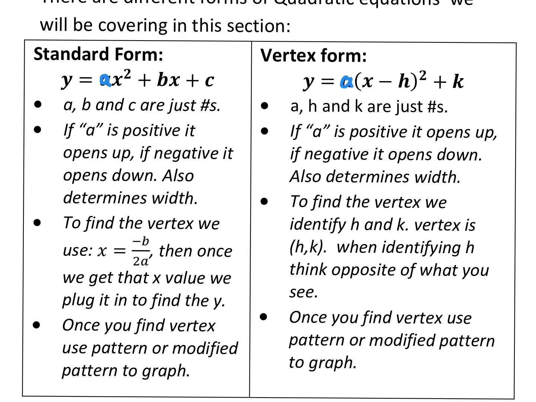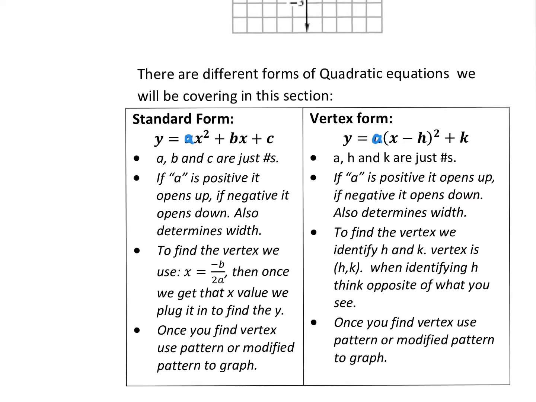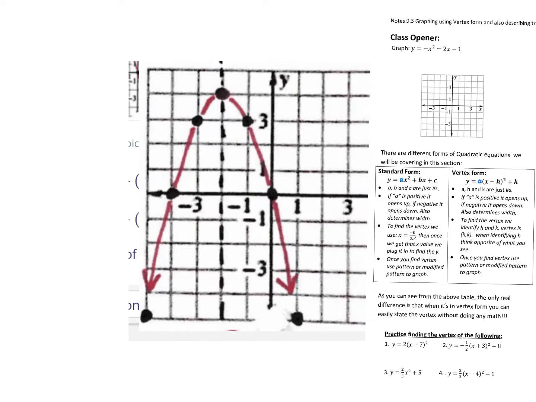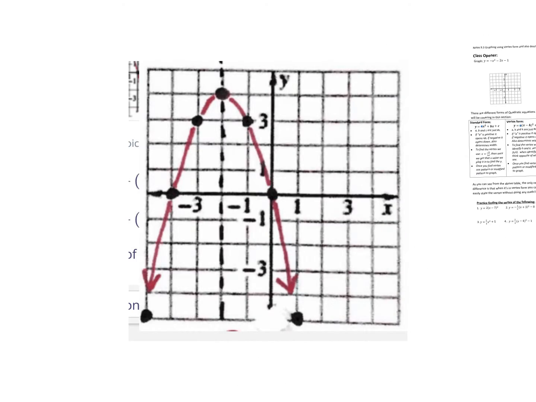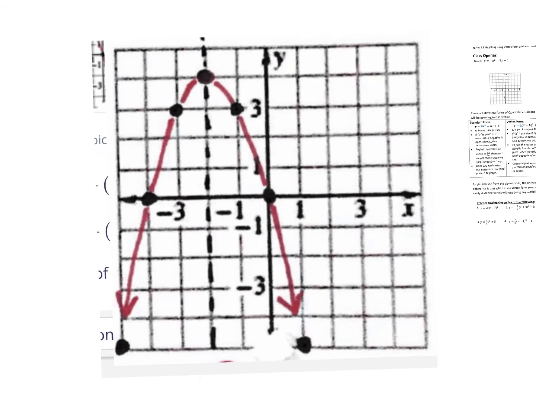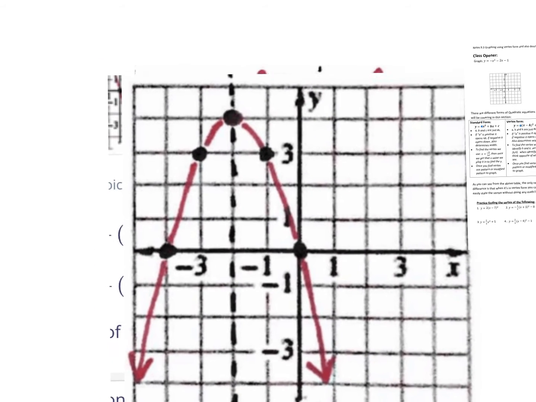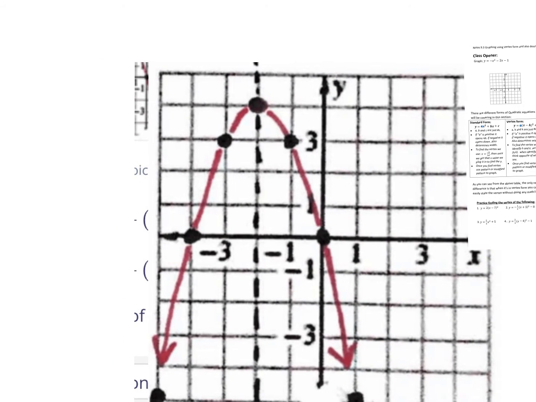You know what? Let me pause right here, and let me just go to an actual parabola, okay? So let's say that we have this parabola right here, and let's say on the quiz tomorrow, I give you this parabola, and then I give you several different functions.